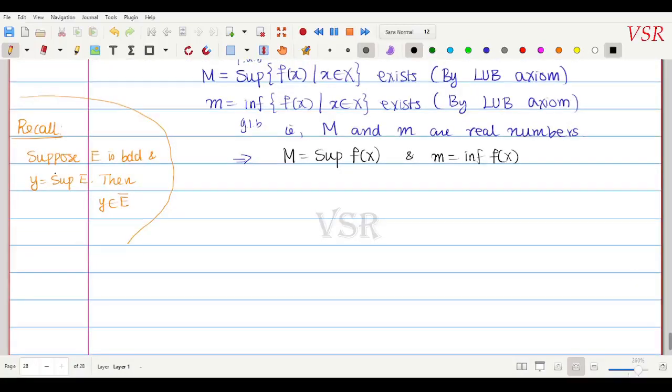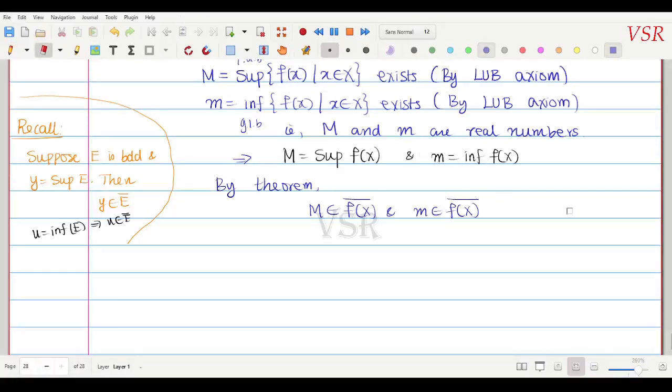Note that we can say something similar. In this case, if u is equal to the infimum of E, then this implies that u belongs to E closure. Okay, so by that theorem, capital M belongs to f of capital X closure and small m belongs to f of capital X closure. Both are in it. Okay, that is by this theorem.